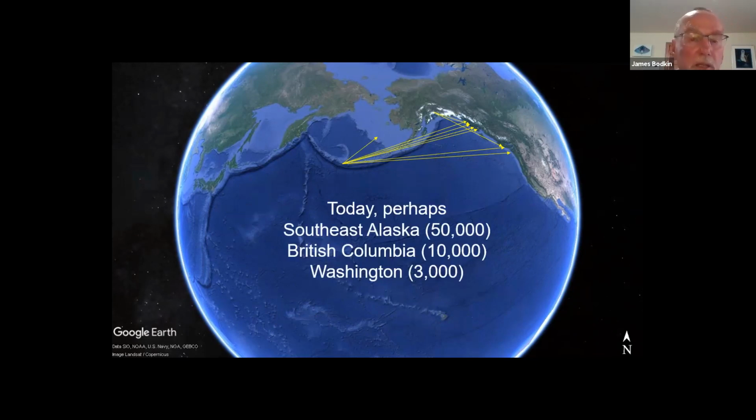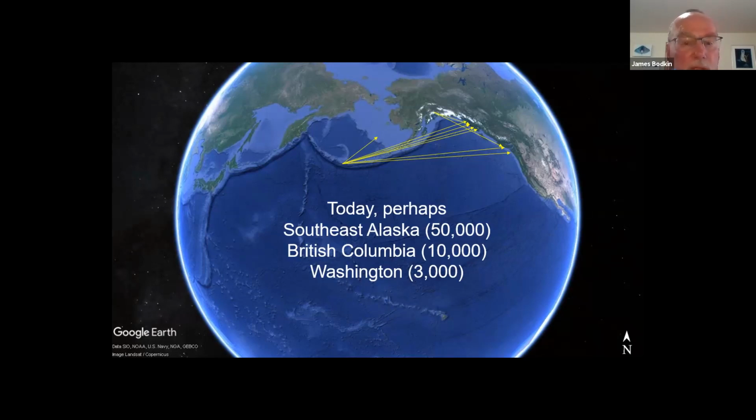But today, there's perhaps 50 or 60,000 animals that resulted from these 700 animals that were translocated. Now, we could view this as some failures and some successes, but if we view this as an attempt to recolonize, reestablish sea otters throughout much of their range, I think all of these translocations could be viewed as a partial success or contributing to what is now a fairly large number of animals.